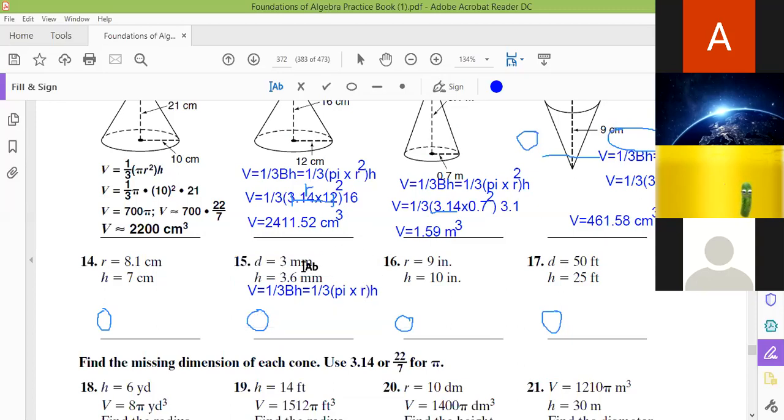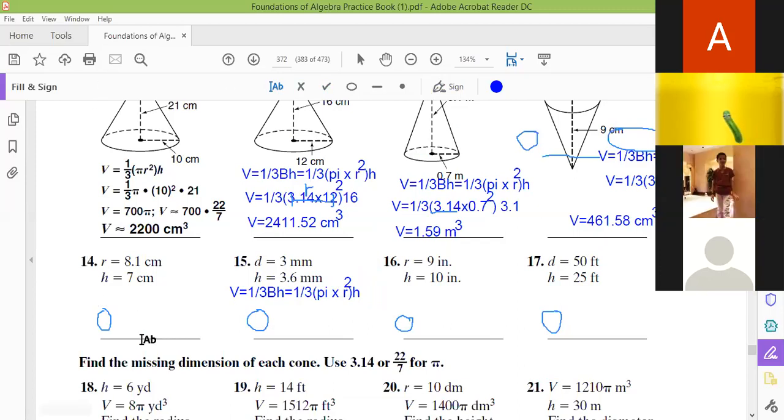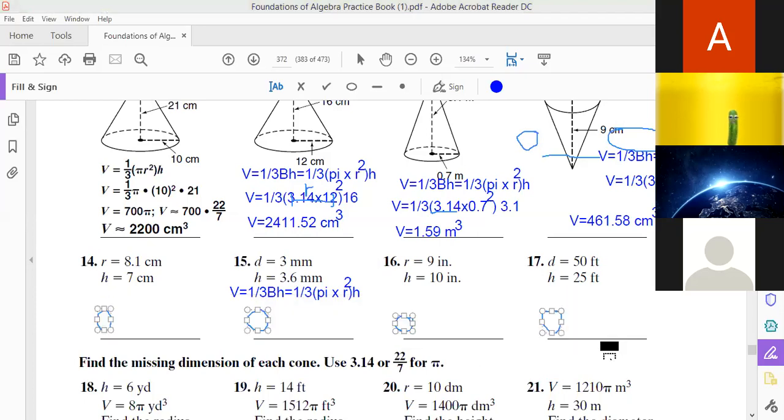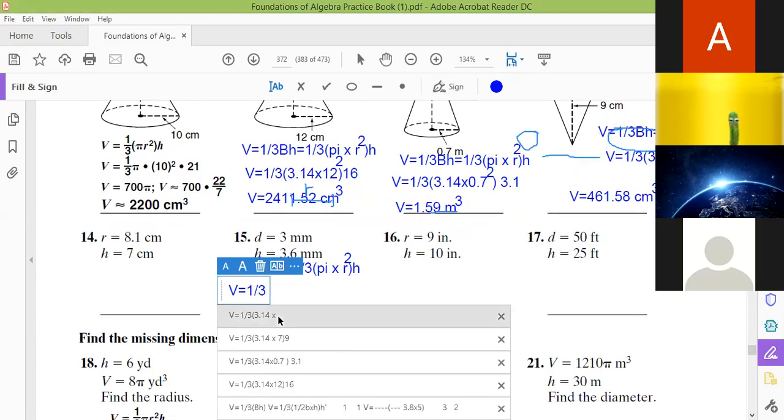Question number 15. It's r square. Let me remove the circle. Now V is equal to, put the values, 1 over 3 into pi.